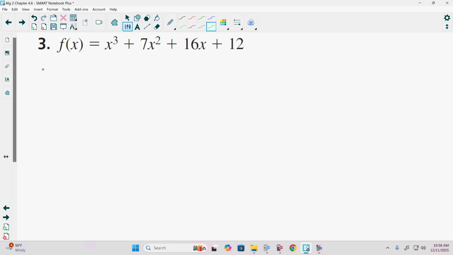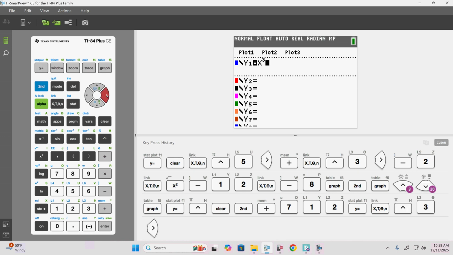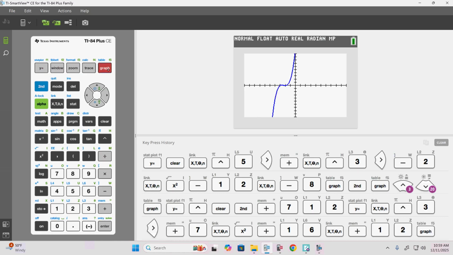We ready for the next one? How many solutions should we have? 3. So y equals x to the 3rd plus 7x squared plus 16x plus 12. We do see that it intersects the x-axis possibly at 2 places.